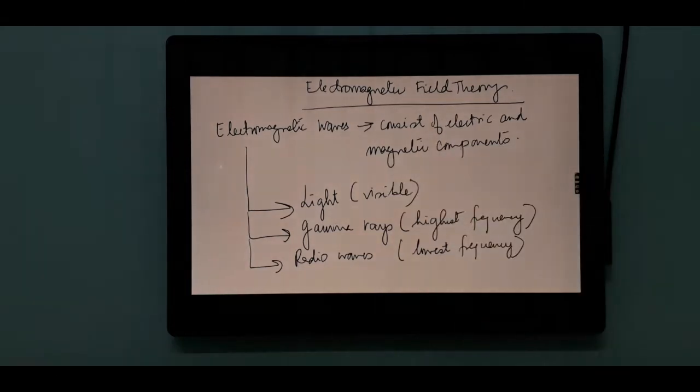So light comes somewhere in the middle. Gamma rays are used in radiotherapy, in radiation studies, whereas radio waves are essentially used in communications.